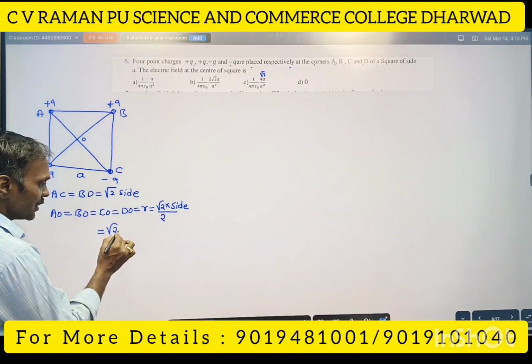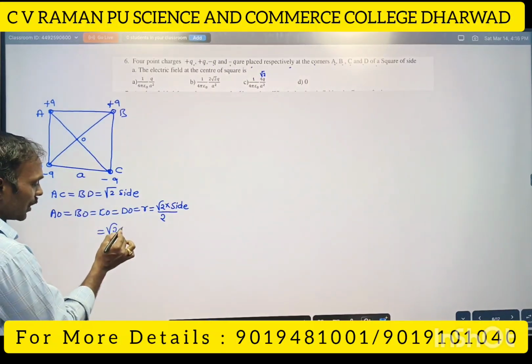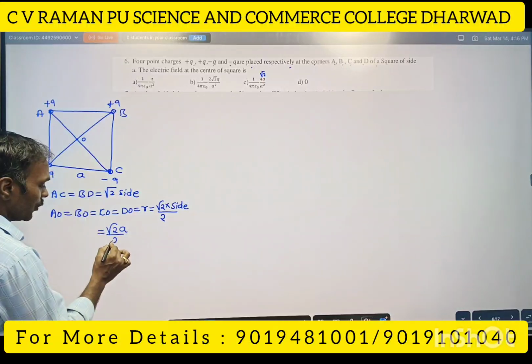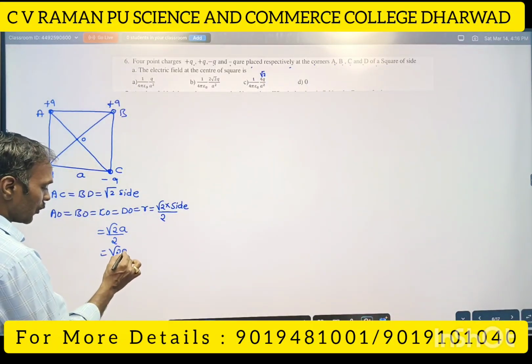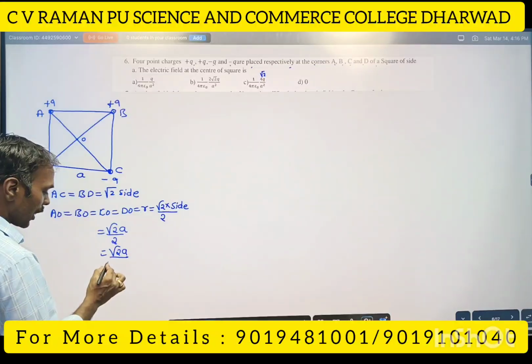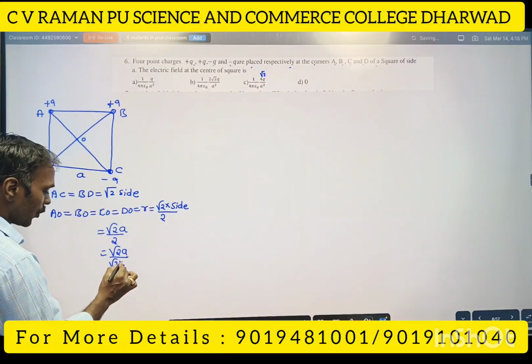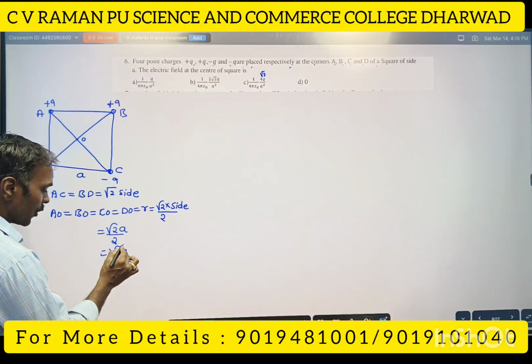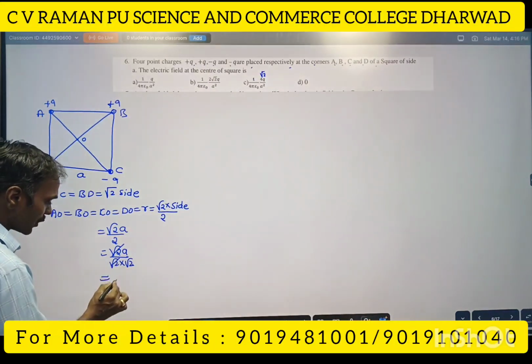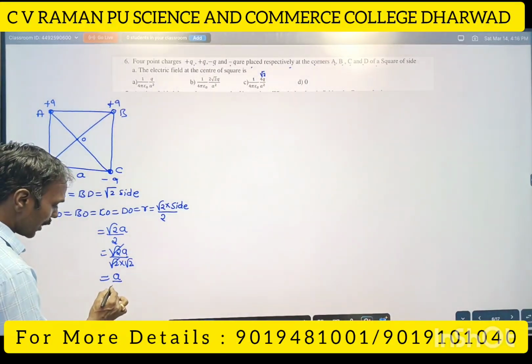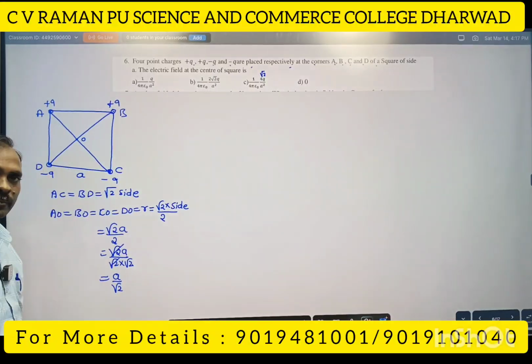Root 2 as it is, what is the side of the square? A divided by 2, which we can write root 2 into A. Here this 2 can be written as root 2 into root 2. One root 2 cancels. Then the distance is A divided by root 2.